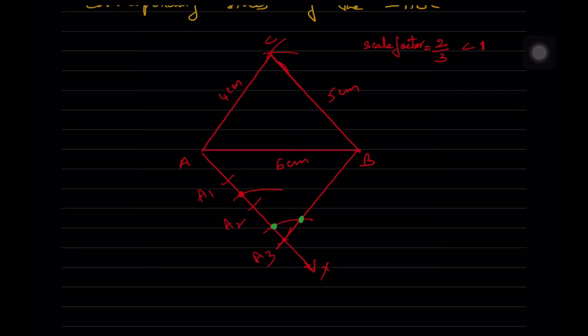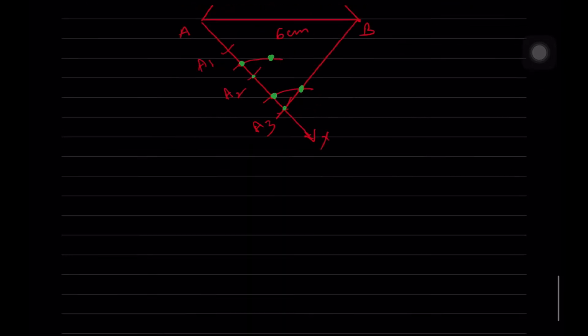After drawing the arc, taking A3 as center, you drew an arc in this way, no? Now the same arc with the same radius you are drawing from A2. Then measure this distance between these two green points. So from this green point, the same measurement you have to put over here.